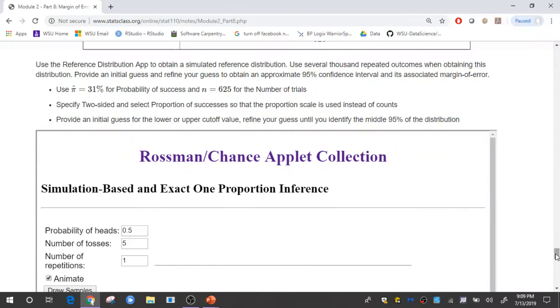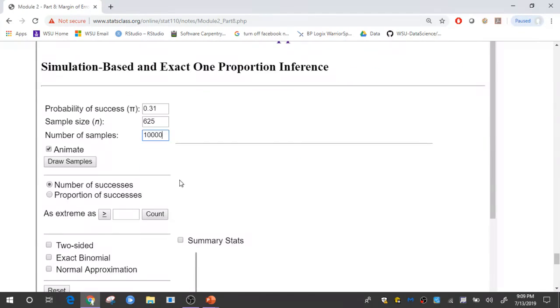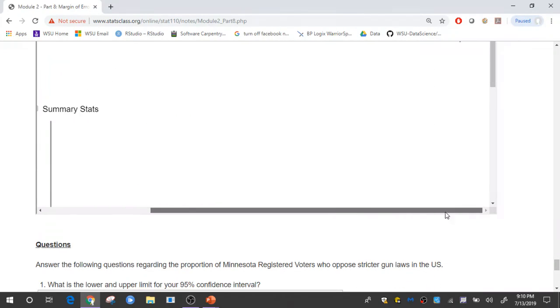So go ahead and use the reference distribution app here. You're going to be using 0.31 in here. You're going to be using 625 here. And go ahead and obtain lots and lots of repeated outcomes here. Obtain the reference distribution.